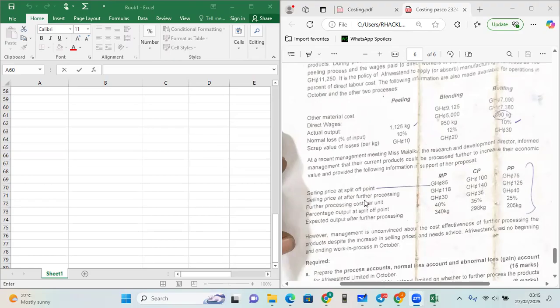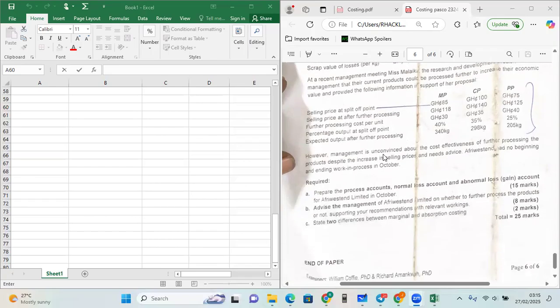Further processing cost per unit: 30, 35, 40. Percentage output at split-off point: 40, 35, 25. Expected output after processing: 340, 298, and 200 kg.